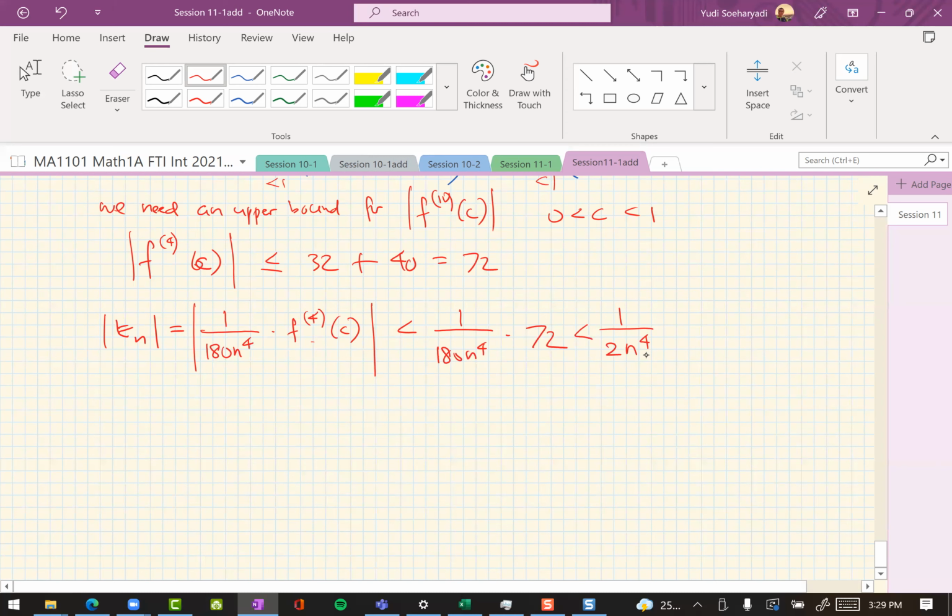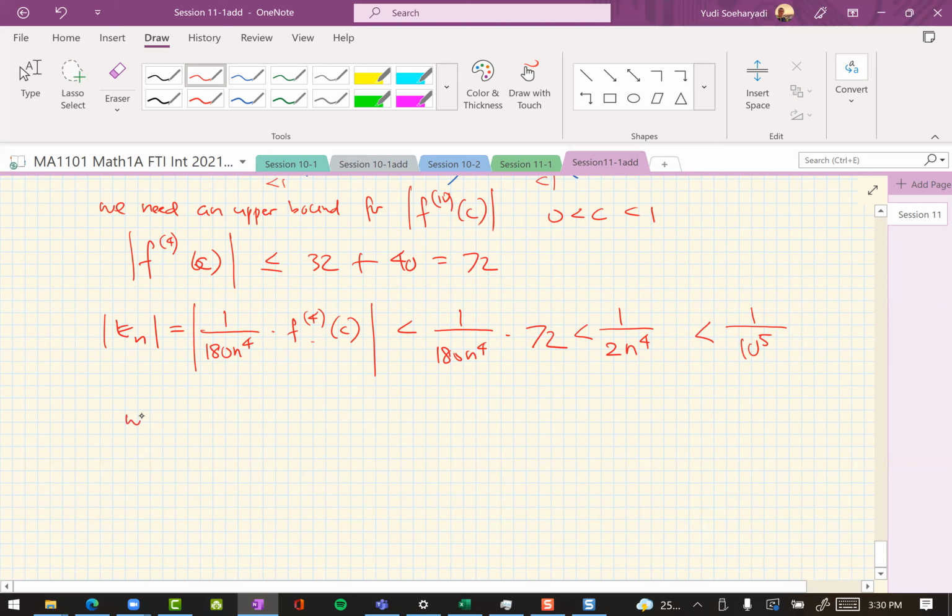It should be less than 10 to the negative 5.